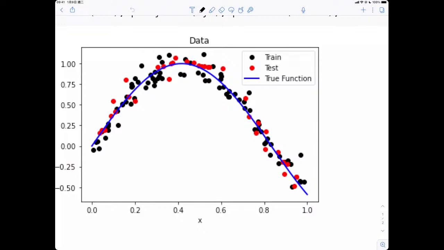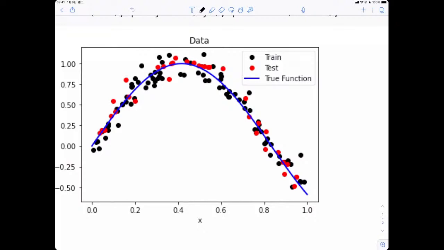I think that is a very nice example. You can see that the true function is the actual distribution, no matter what the relation between the x-axis and y-axis is. The relationship is the blue line.